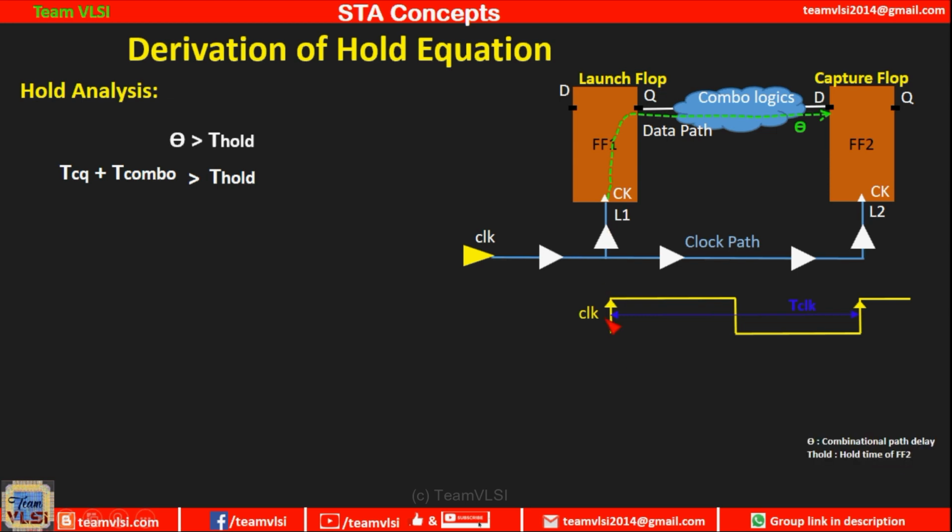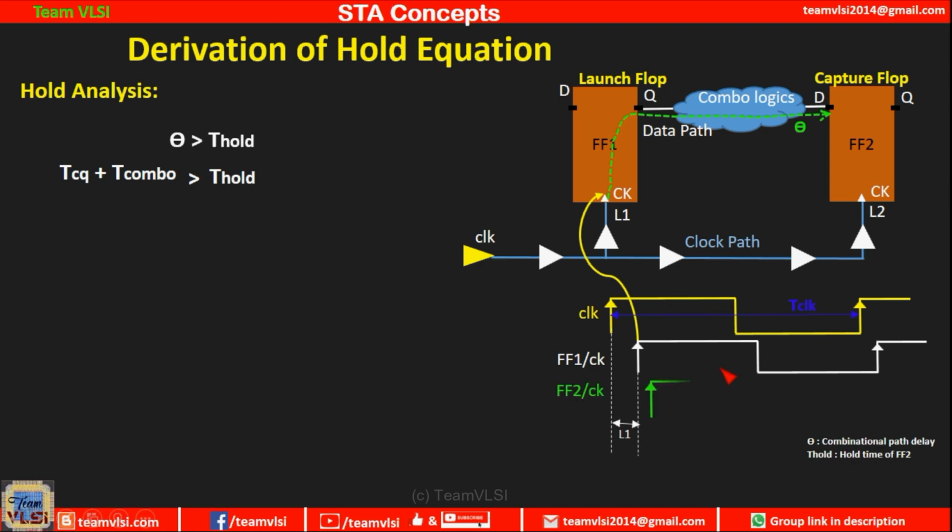So let's introduce a more practical scenario in this equation. What actually happens is that when the clock edge appears here, it doesn't suddenly appear at this CK pin. It takes some time to reach the CK pin, and that is the latency. Suppose the latency for flip flop 1 is L1, then after L1 this edge will arrive at this point, and after that arrival it will launch the data, right?